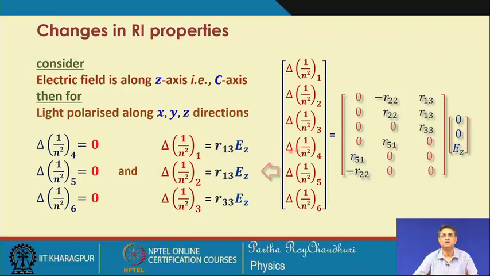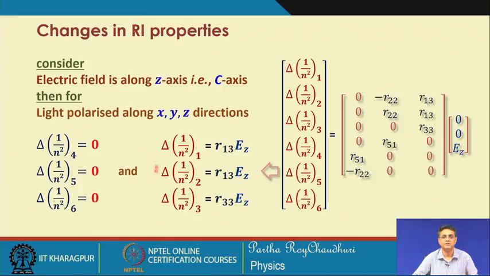So, these 3 components, because E z put all together, they will be added only to the first 3 elements. You can see these correspond to the first 3 elements 1, 2, 3 of this line, and the rest, that is 4, 5 and 6, they are 0.